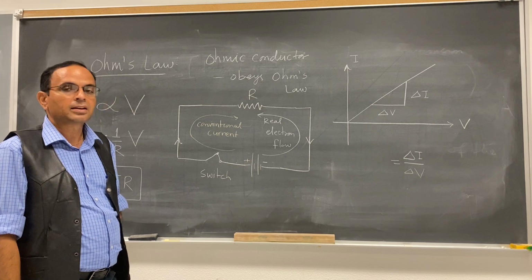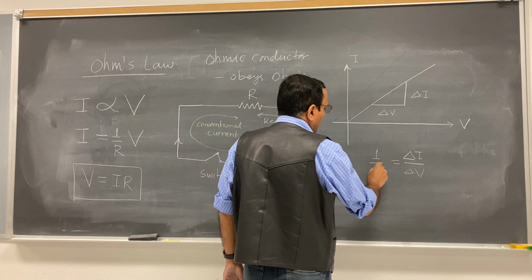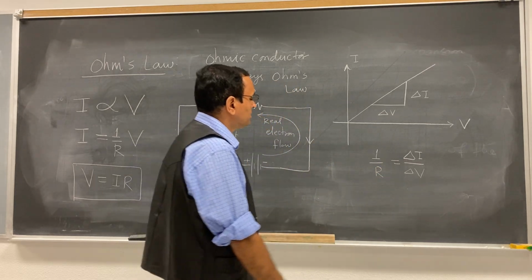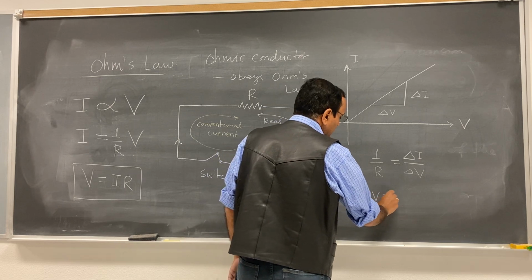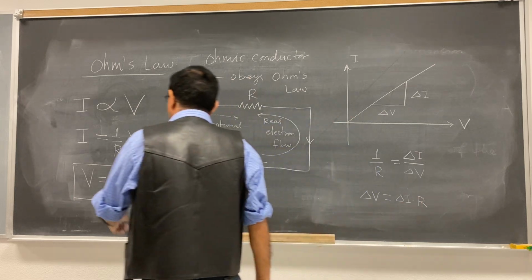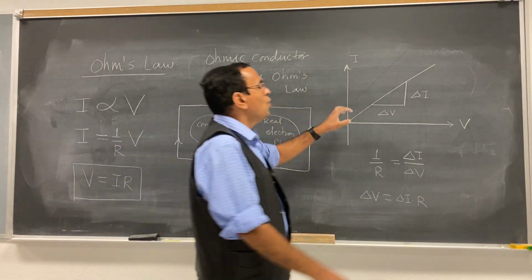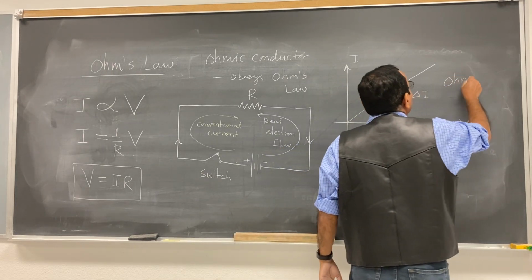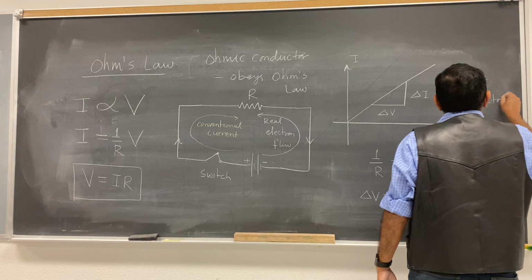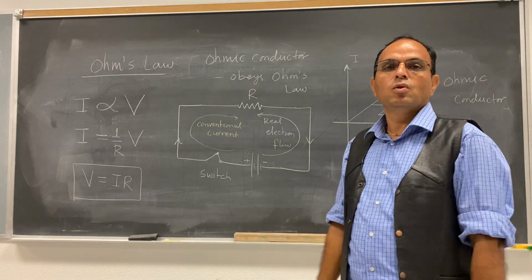This is 1 divided by R. Not R, 1 divided by R. Because if you do this, you get delta V equal to delta I times R, same as V equal to IR. So this graph is for an ohmic conductor. What are the examples of ohmic conductors? Copper, iron, aluminum, all metal conductors, they are ohmic conductors.